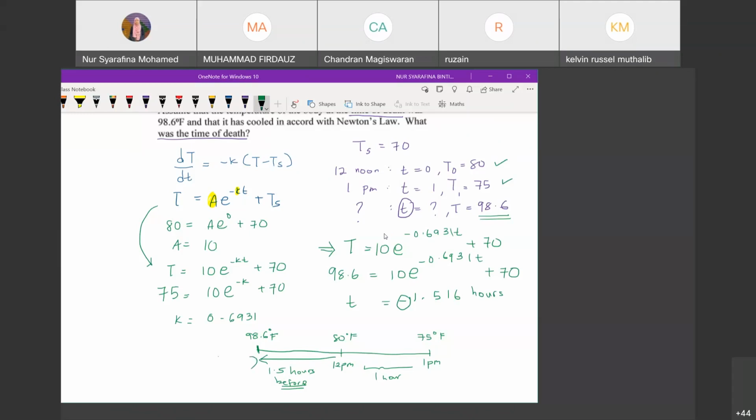So that is the time of death, maybe around 10:30 a.m. So this is how you determine the time of death for this problem. Okay, clear now? Estimatedly, it is not exactly 10:30, but it is around 10:30 a.m. Okay, clear?